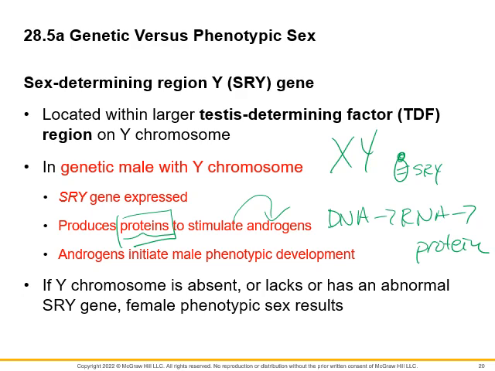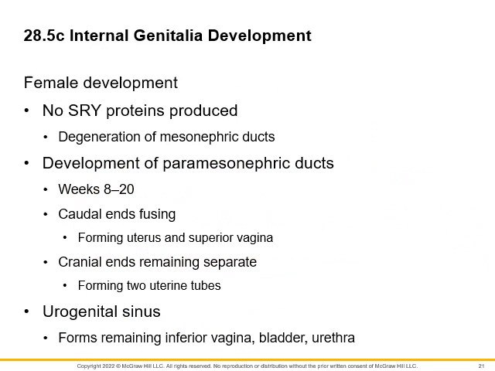Androgens initiate male phenotypic development. So think testosterone. If the Y chromosome is absent, or if something's wrong with the SRY gene, you will develop into a female physically. You'll still be XY genetically, so genotype, but phenotypically you will look like a female.